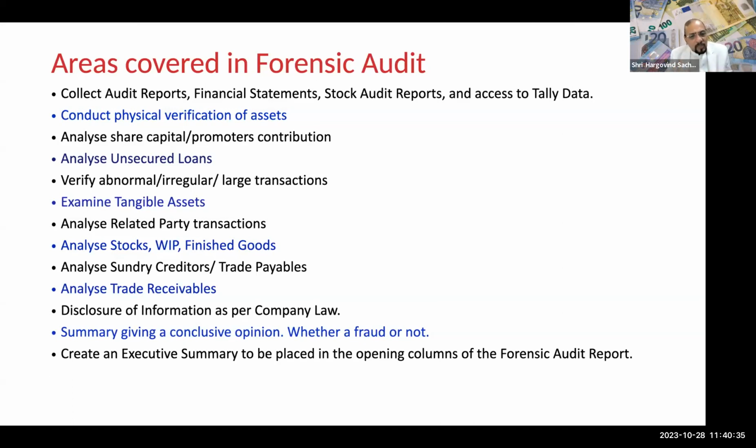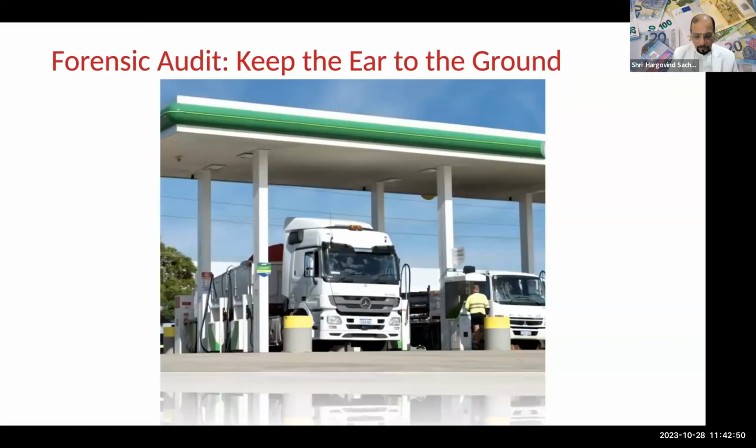Then you have to analyze what are the unsecured loans, whether these are the loans, trade receivables, and then whether he is disclosing all the information as per company law, because being compliant as per company law is also an important part of a forensic audit report. And of course, a summary giving a conclusive opinion. Most of the forensic audit reports are getting rejected by lenders.